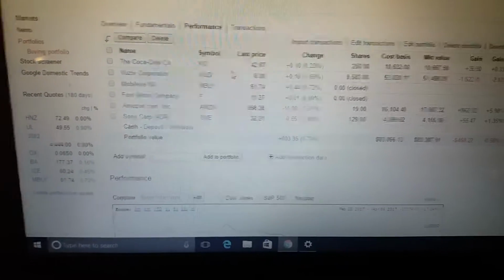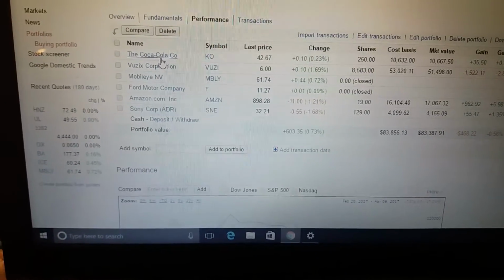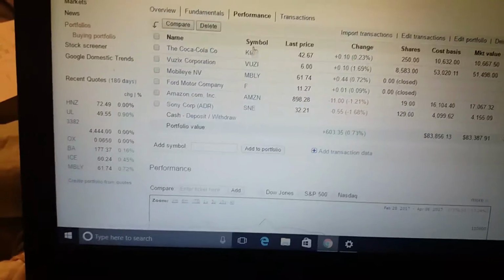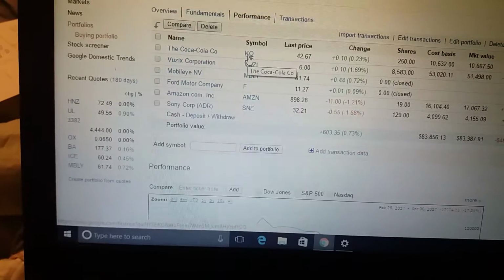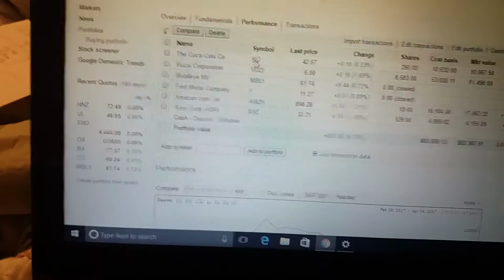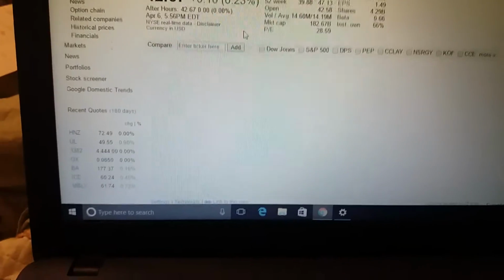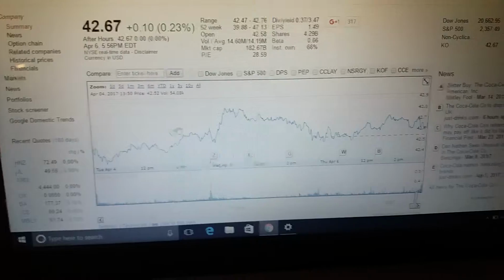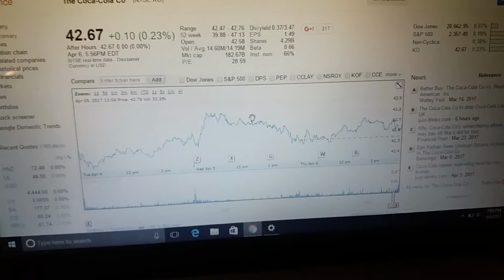But how would you know what to buy next? Let's go to Coca-Cola, for instance. We're going to hit the Coke symbol, and it's going to begin to tell you: oh, look, 42.67, it went up 10 cents. And here's our graph, our heartbeat.